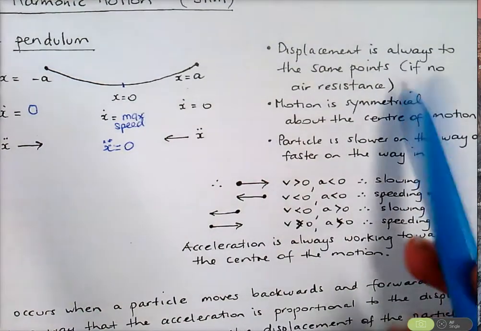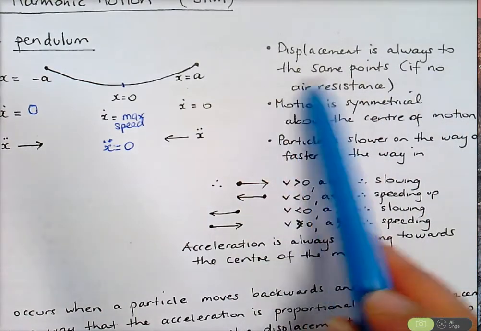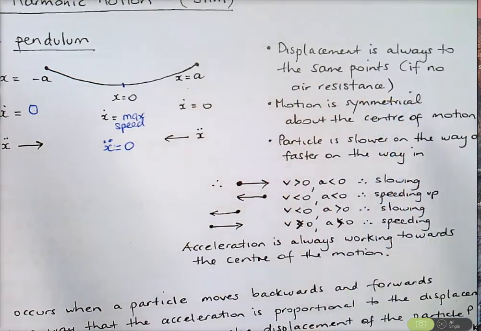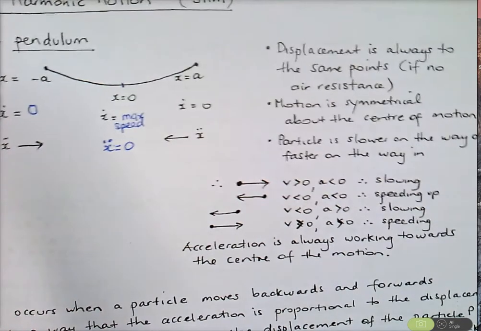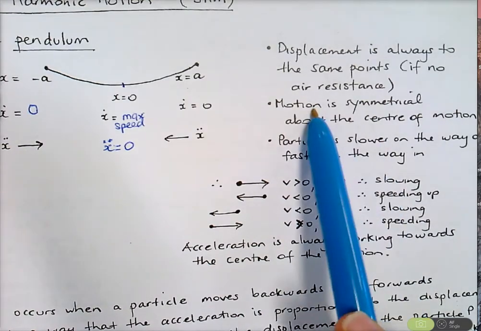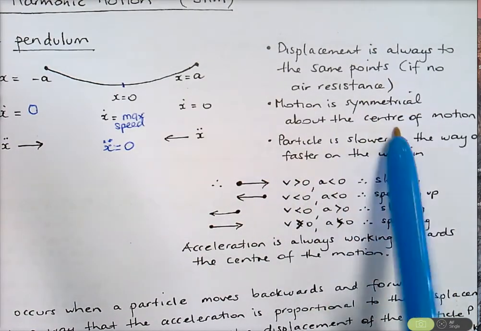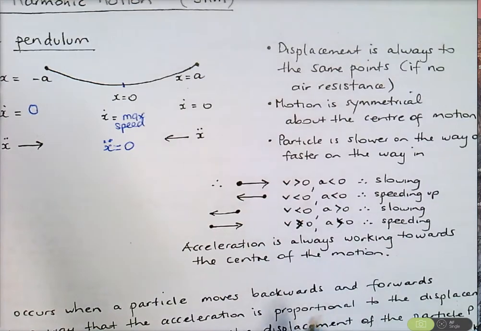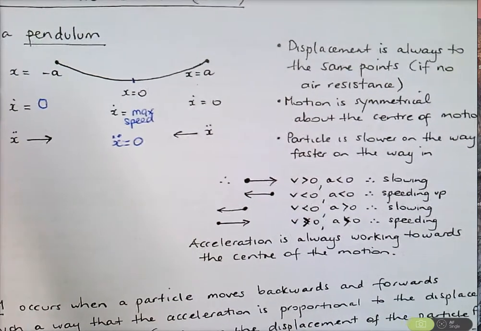So, displacement is always to the same points if there is no air resistance. When you push a kid on a swing, they don't go forever because there's air resistance. Motion is symmetrical about the centre of motion. This is all assuming no air resistance.